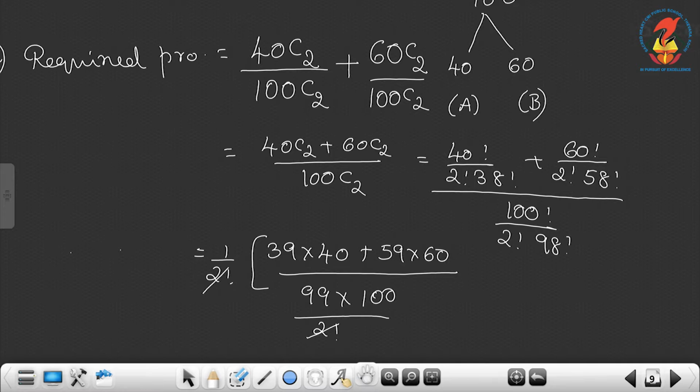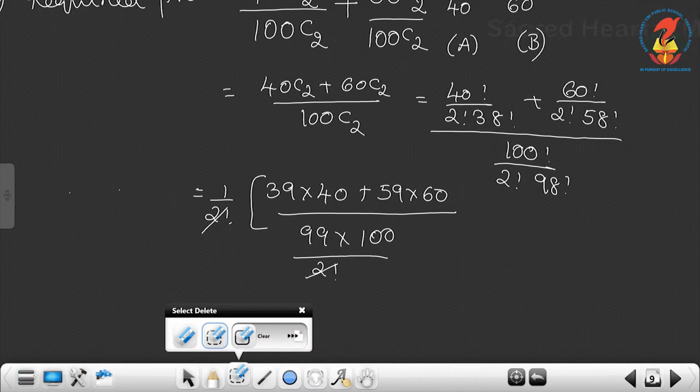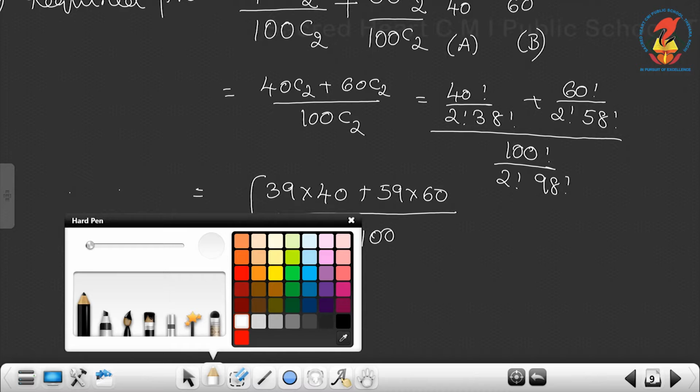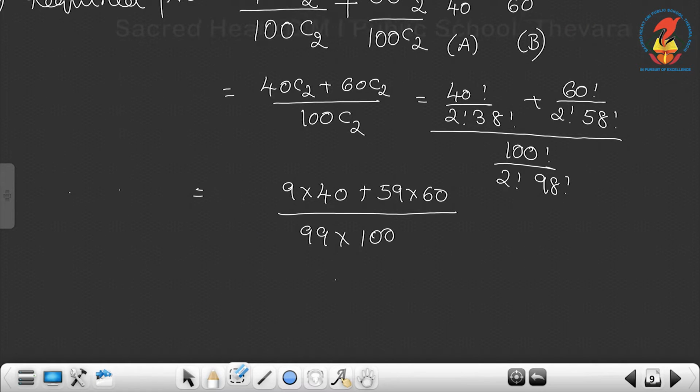Okay. You can cancel it, then simplify. Now how to cancel that 0, 10 you can take outside and cancel.